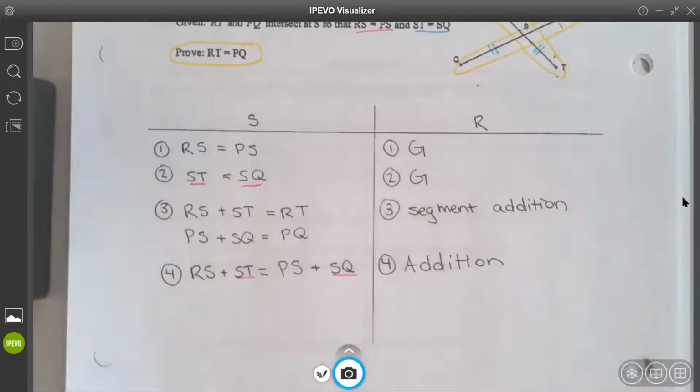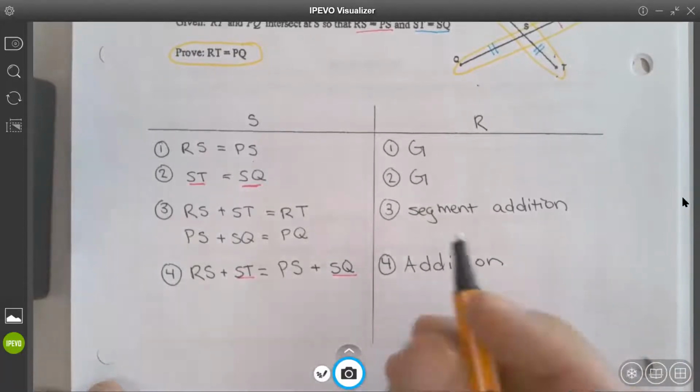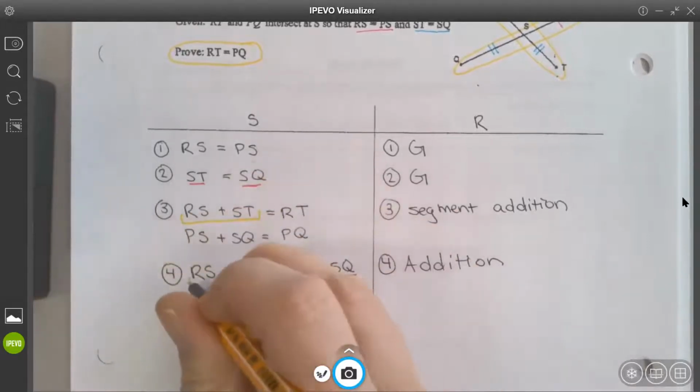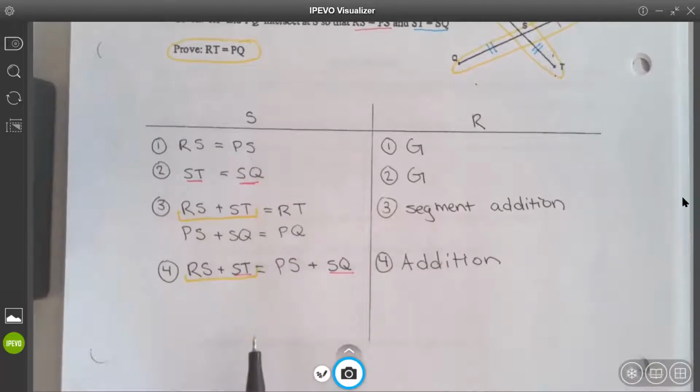Now, here's the part that kind of feels like a magic trick: how do you get to the end here? Well, there's all sorts of ways you can write proofs. You could write a whole paragraph, like an essay, as a proof too. We don't do those. Okay, so notice that by adding ST and RS together, that's exactly what I have here.